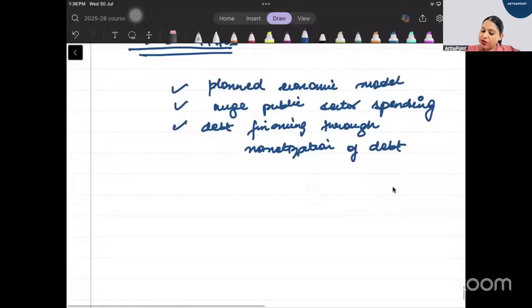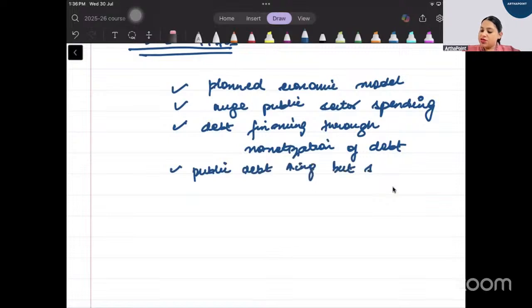So in this period, although public debt was continuously increasing, it was sustainable, right? Why sustainable? Because we were taking these loans at a very low interest rate.